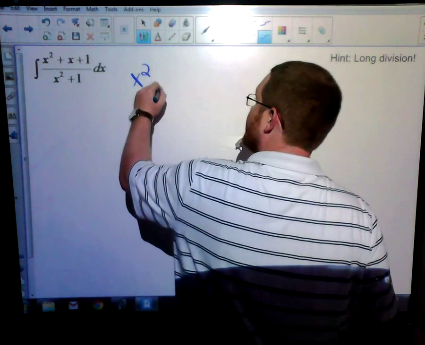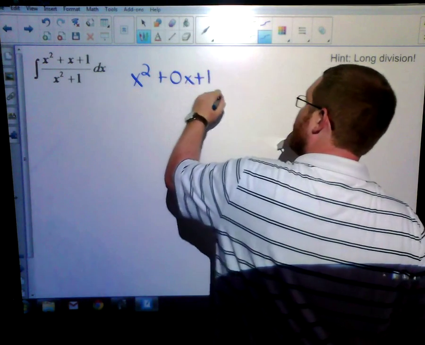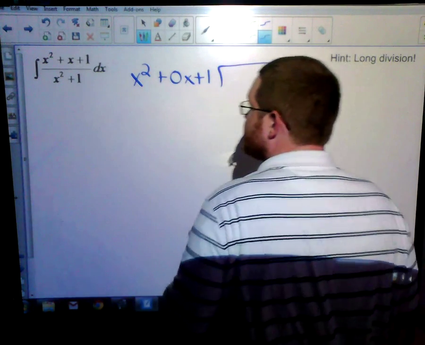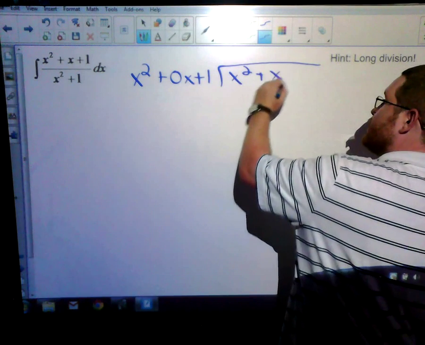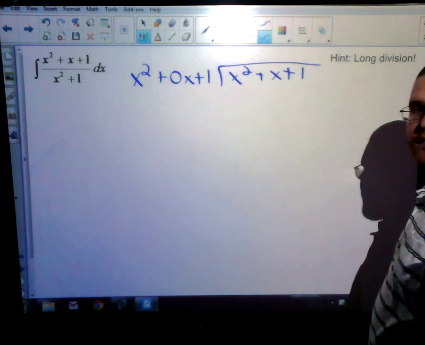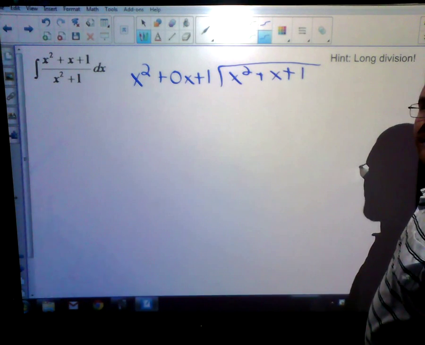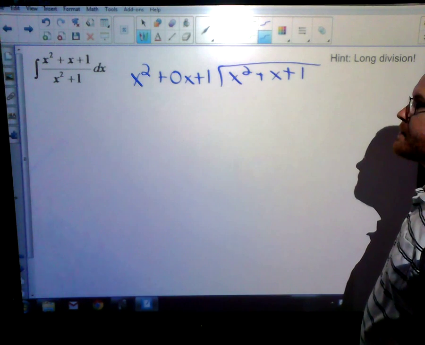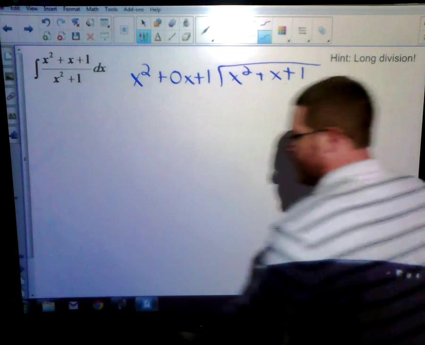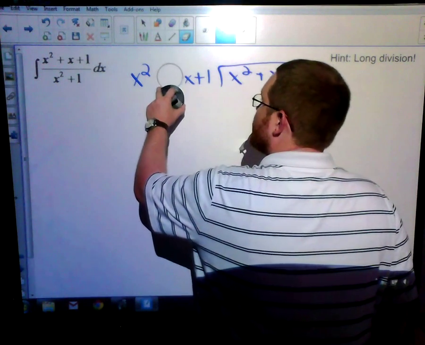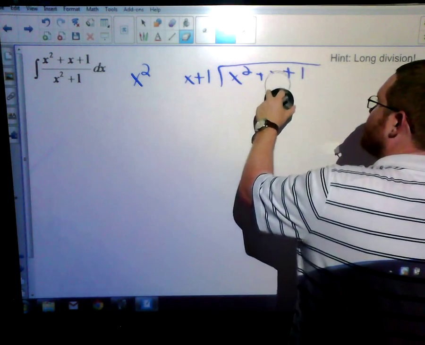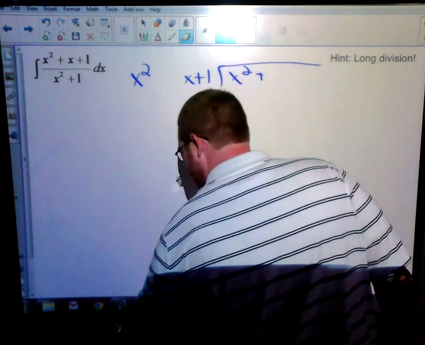x squared plus 0x plus 1 divided by x squared plus x plus 1. Nope, I wrote it backwards, didn't I?